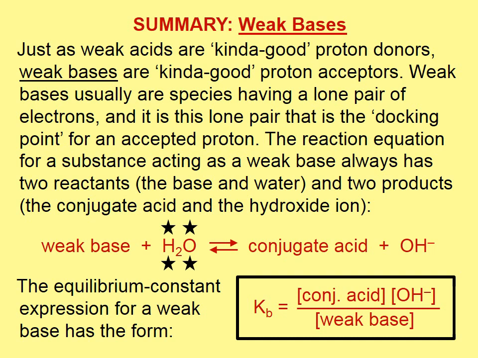And you can see I've put that general form right here, two-thirds of the way down the slide. The equilibrium constant expression for a weak base has this form, shown in the lower right. Notice I put a couple of stars by this water. The water appears in the equation. It does not appear in the equilibrium constant expression.